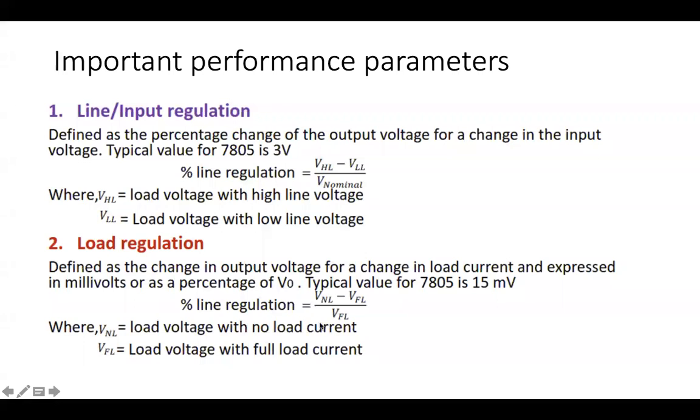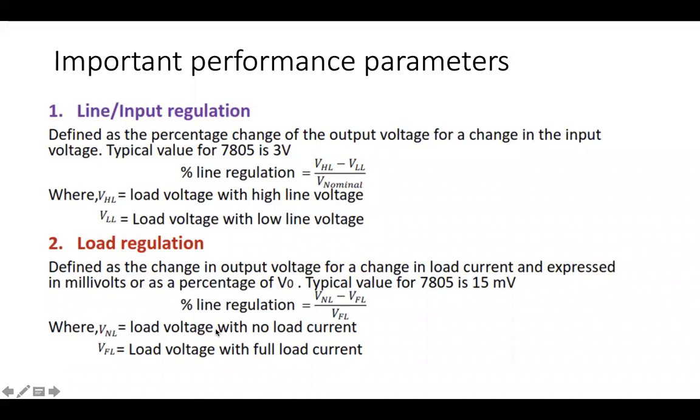The typical value is about 15 millivolts for load regulation, and about 3 volts for line or input regulation. So just keep that in mind. Now, in the form of a formula, NL means no load and FL means full load.